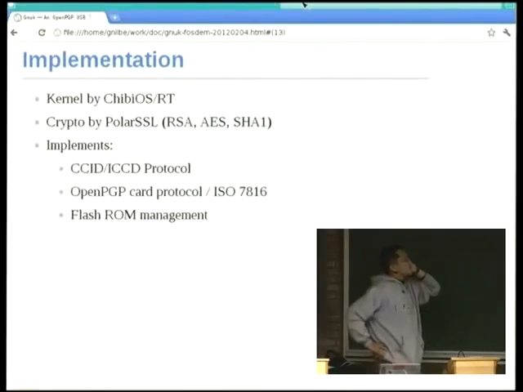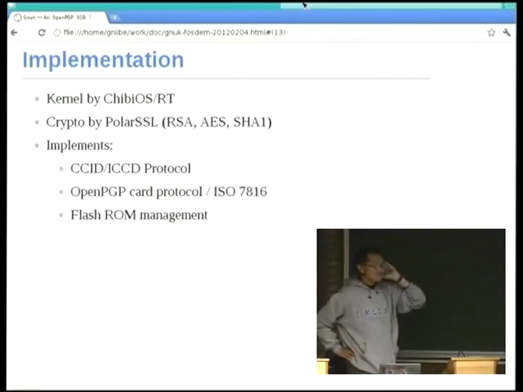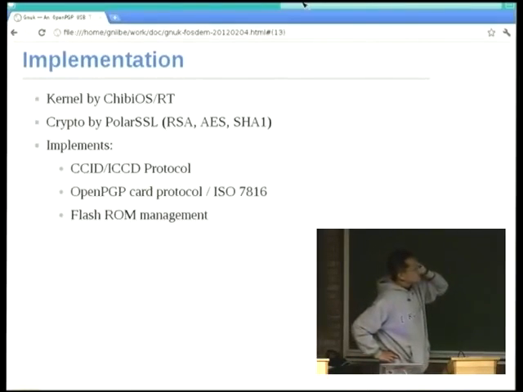The implementation contains the ChibiOS/RT kernel, and I also use crypto routines from PolarSSL: the RSA routines, the AES routine and the SHA-1 routines. It implements the CCID protocol and the OpenPGP card protocol, and implements flash ROM management.